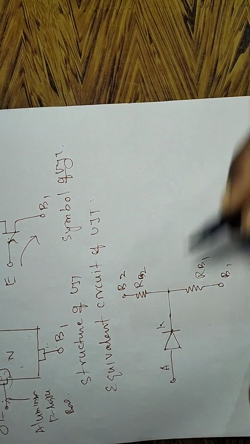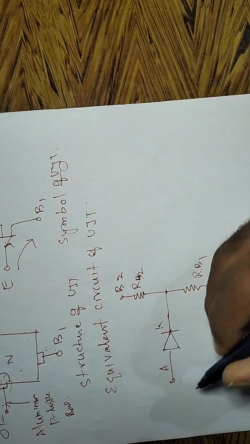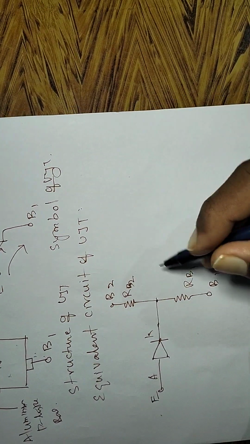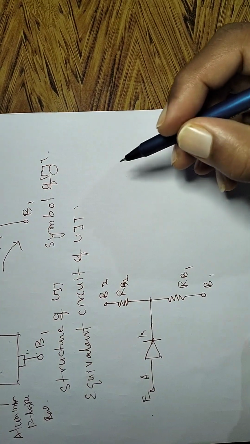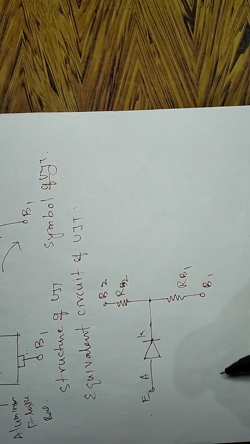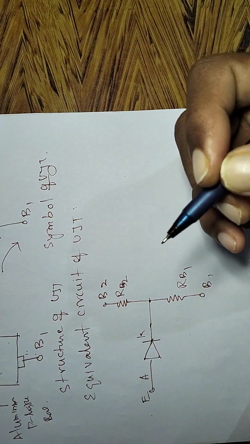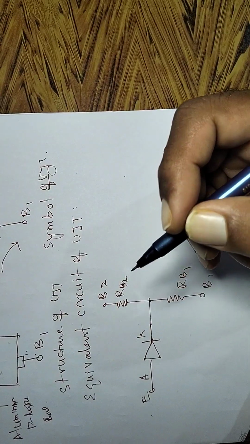This is the middle point of the diode, and this is the emitter. So this is the equivalent circuit of the UJT.